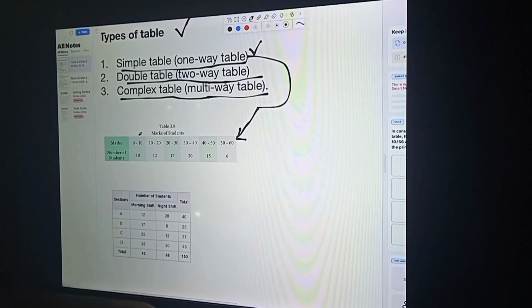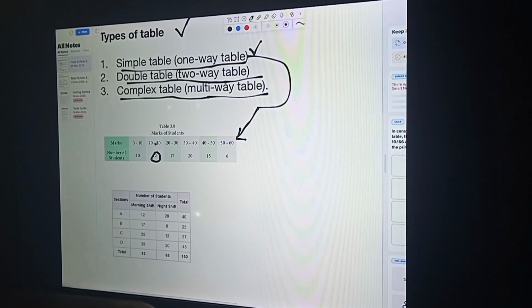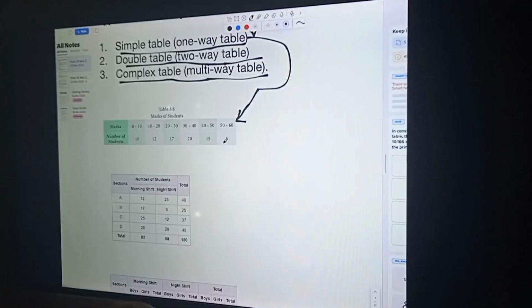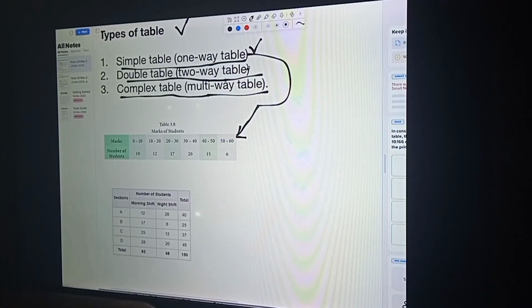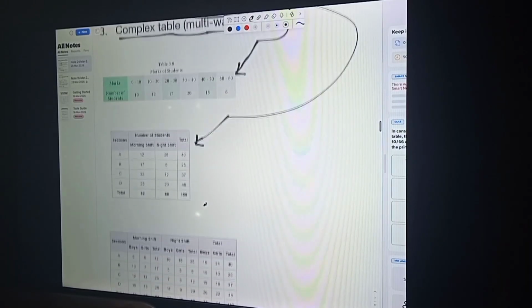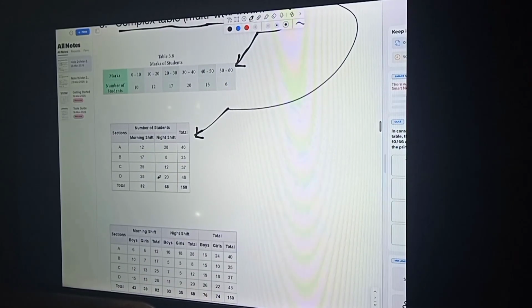So this interval, which is from 0 to 10, there are 10 students having 0 to 10 marks, 12 students having 10 to 20 marks, 17 students having 20 to 30 marks, and so on. So this is a simple table. Next one is the double table. This table is telling you about two different pieces of information.